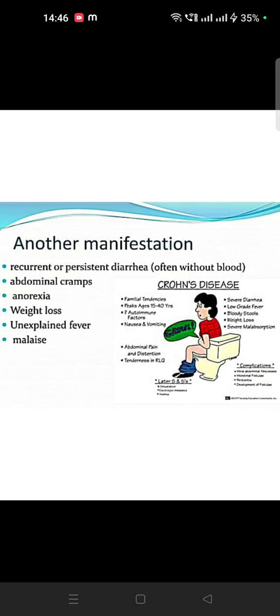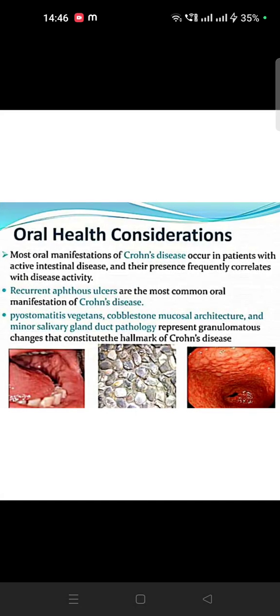Another manifestation of Crohn's disease is recurrent or persistent diarrhea. Abdominal cramps, anorexia, weight loss, unexplained fever, and malaise will be there. Crohn's disease is an intestinal disease with recurrent disease activity, and oral manifestations are more common.